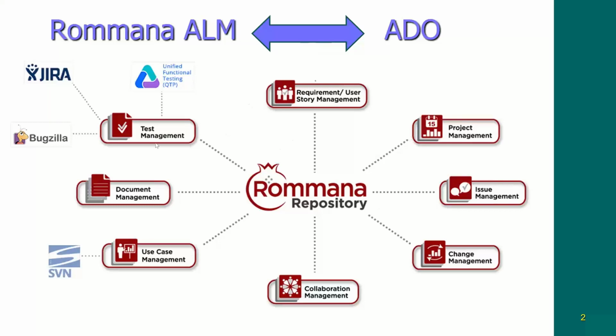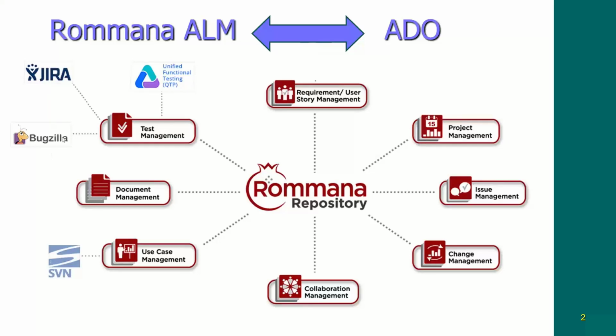Rommana ALM also integrates with Jira. If you're doing your test management through Rommana ALM, and say you ran test cases and test cases failed, although you can always create your bug reports in the issue management component of Rommana ALM, you can also, if you want, create your bug reports in Jira and maintain them in Jira.